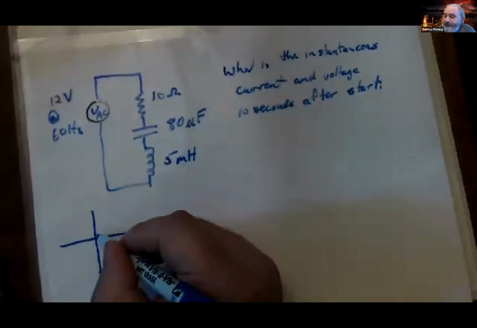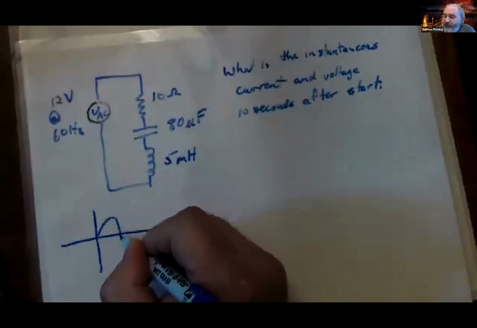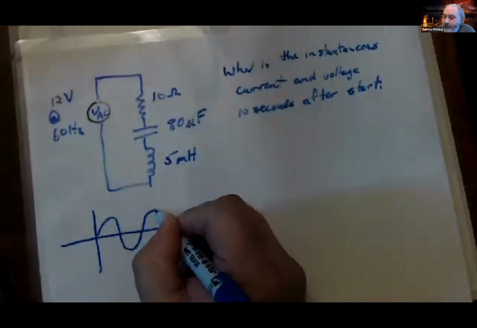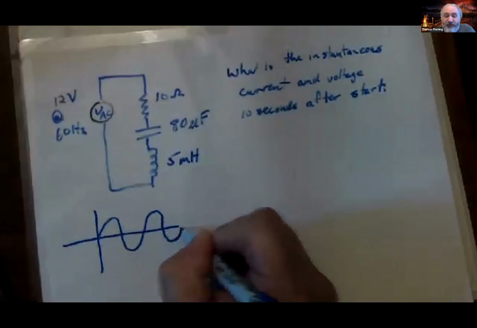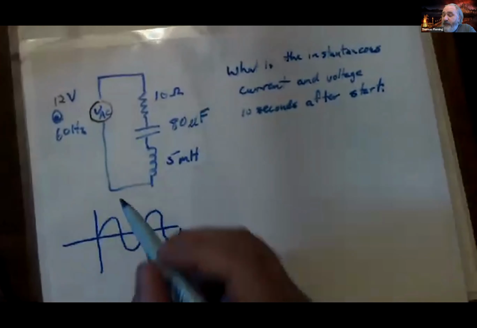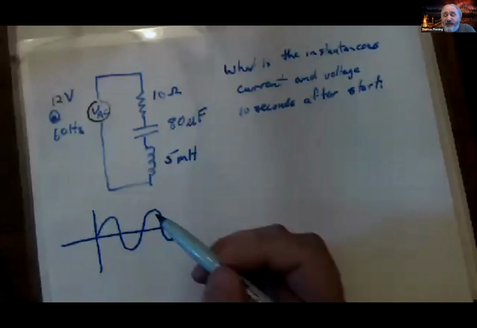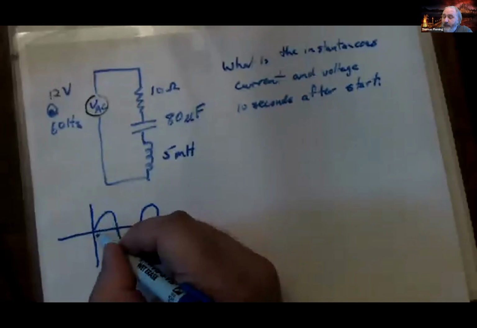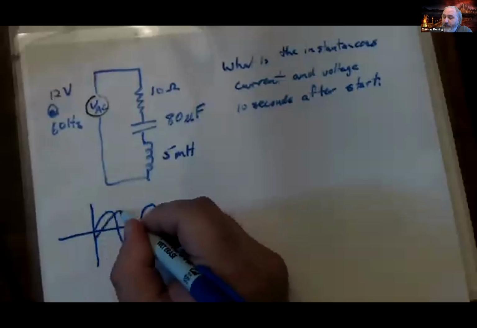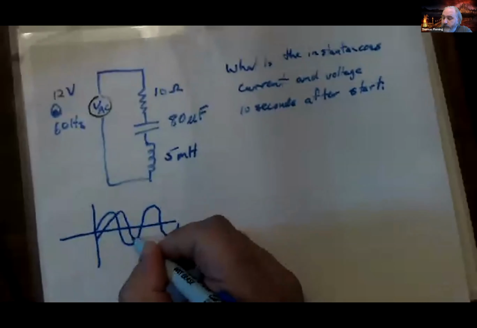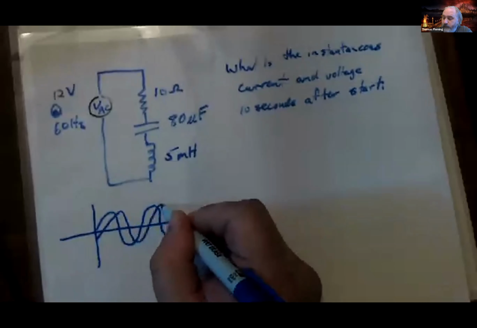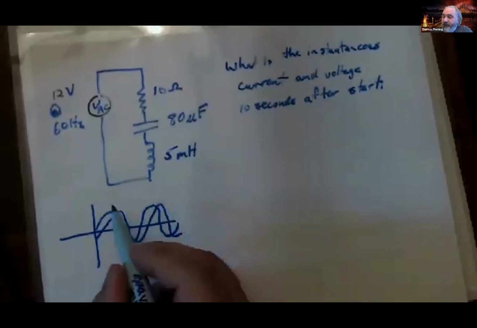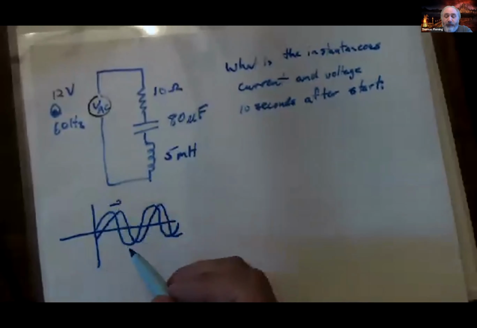And, you know, if you've got a sine wave, it's going to look like this. If you've got a sine wave that's phase shifted, then what's going to happen is it might be more like this, where the entire thing has shifted some amount either to the right.